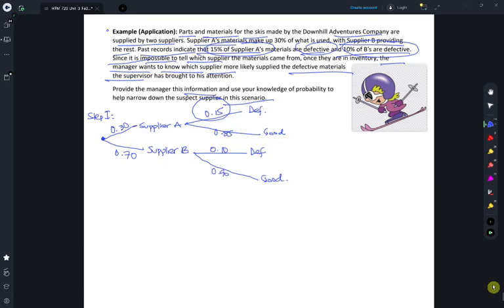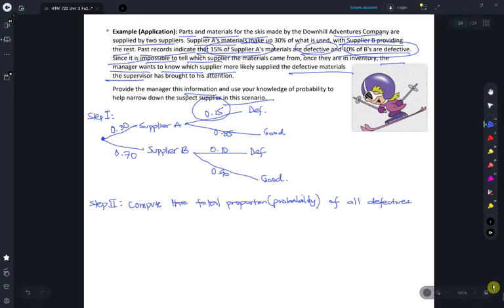The next step in solving this problem is to compute the total probability of all defectives.